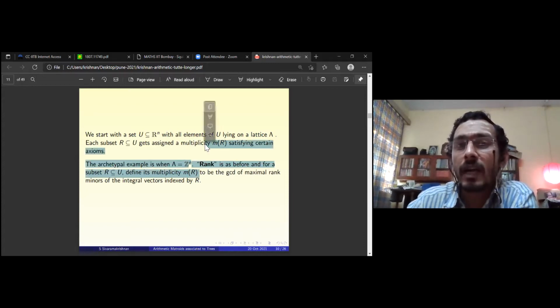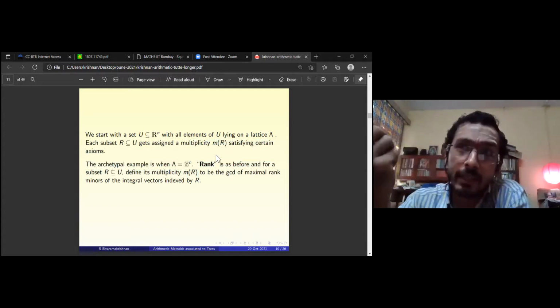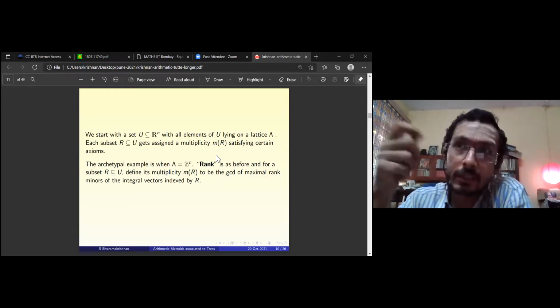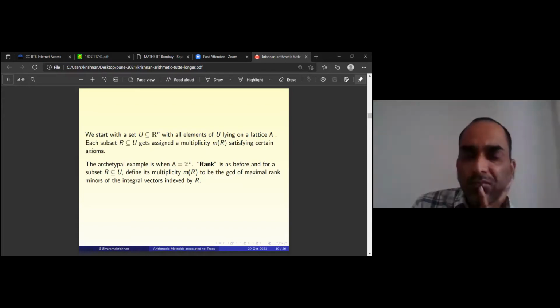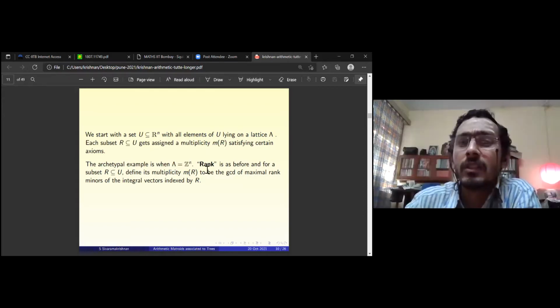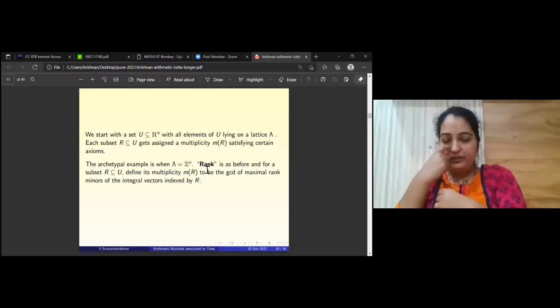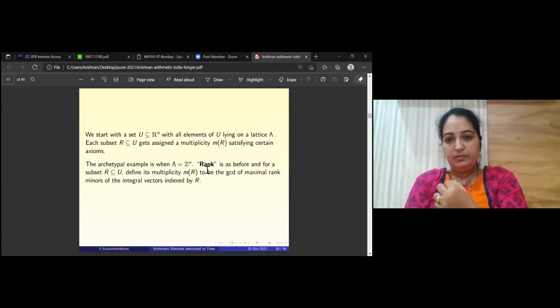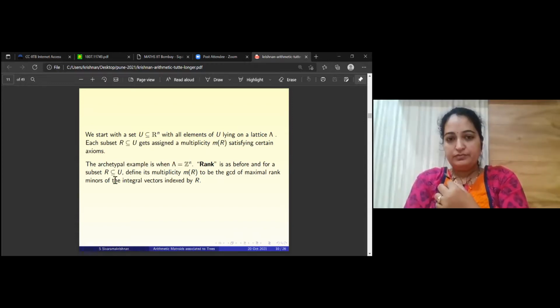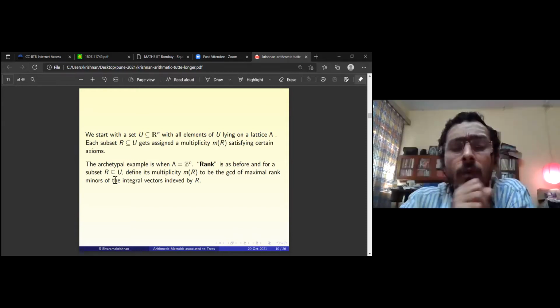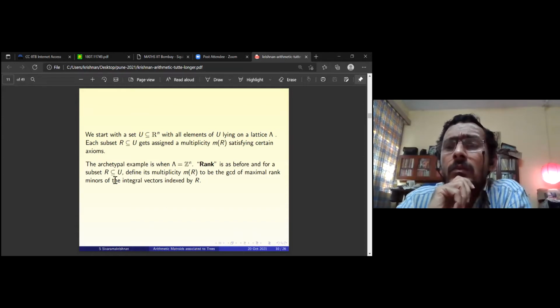So this M of R is another attribute that is associated, because now your data is integral. As I said, you can change it to some lattice, but we'll not get into it. Let's just stick to concrete integers. Why are we using the word rank in maximal rank minors? We are determining only determinants of those minors. Correct, for finding the GCD we are finding determinants only.